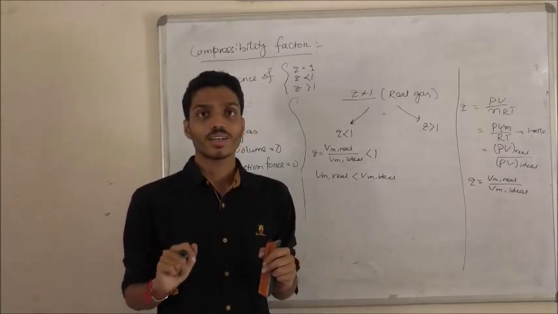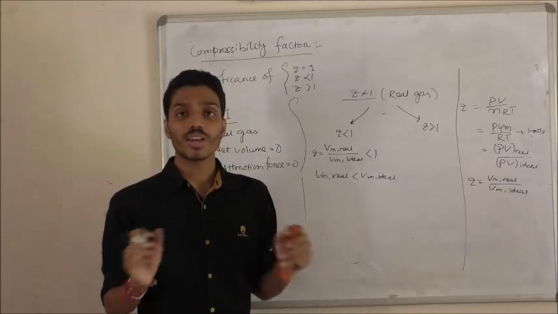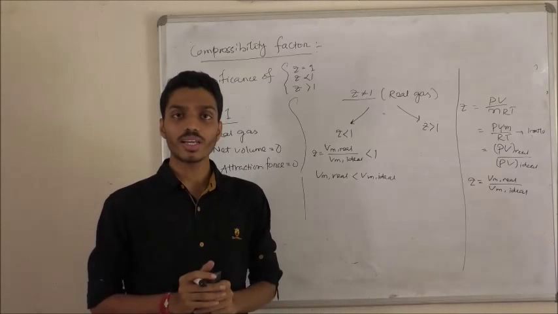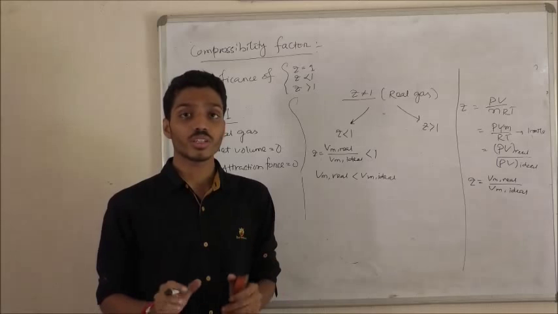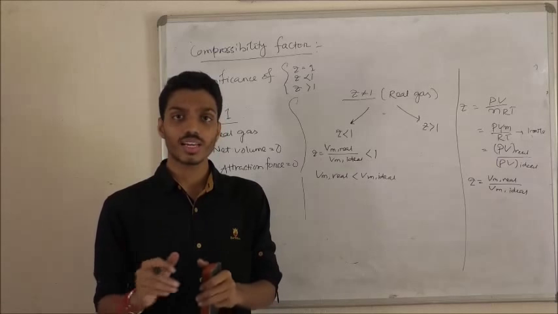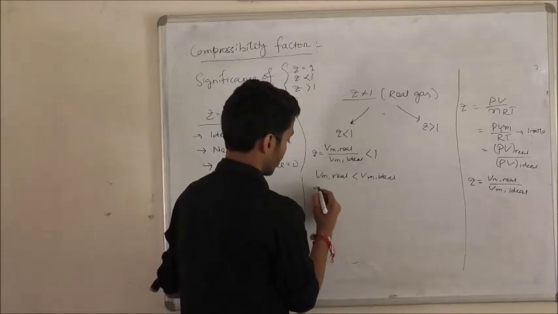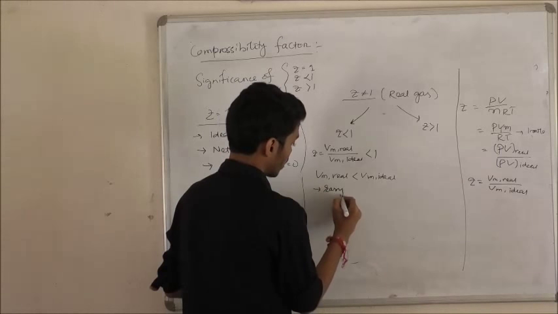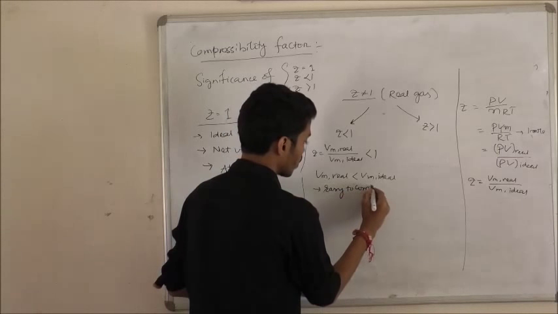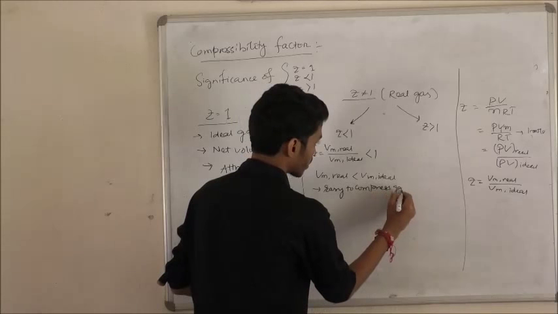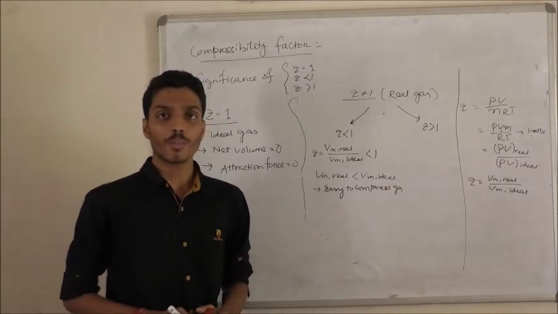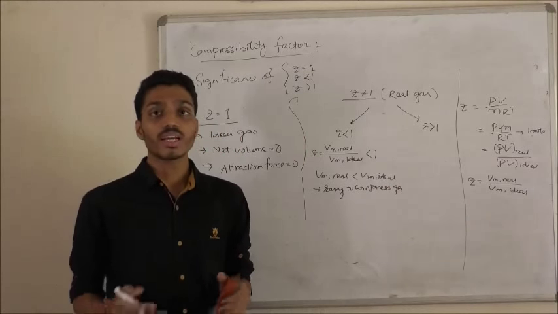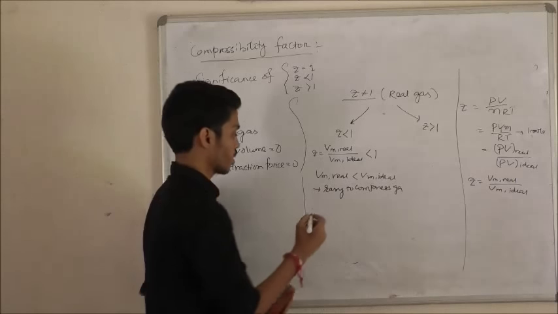It means that the volume of real gas is less than the volume of ideal gas. Means it's easy to compress the real gas. It means easy to compress gas, and if it's easy to compress gas, we can also say it's easy to liquefy the gas.